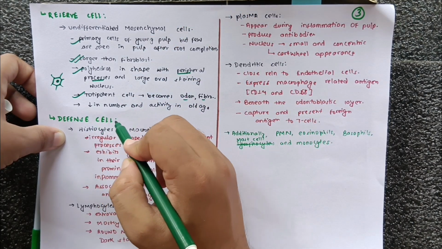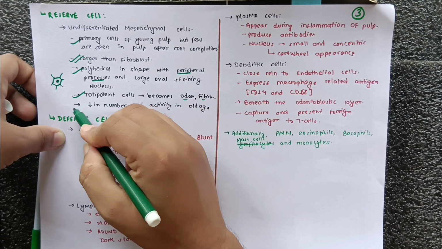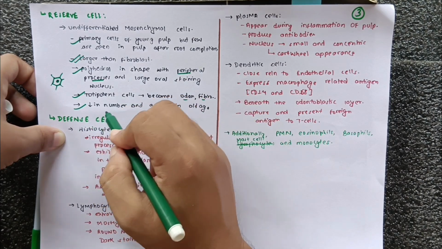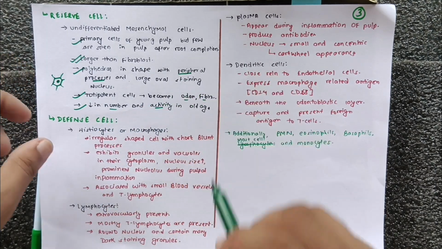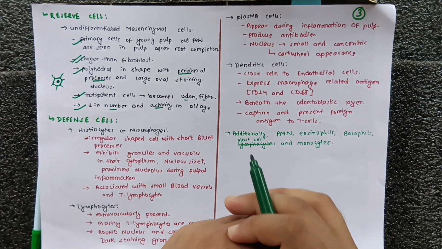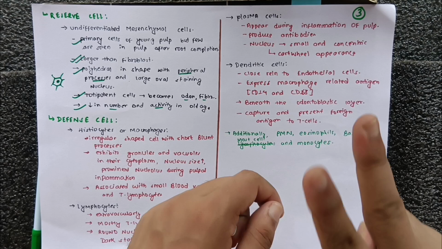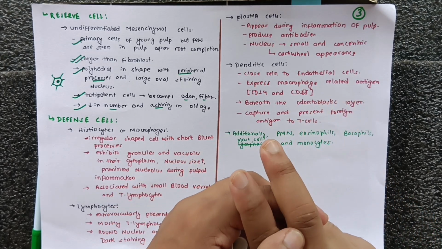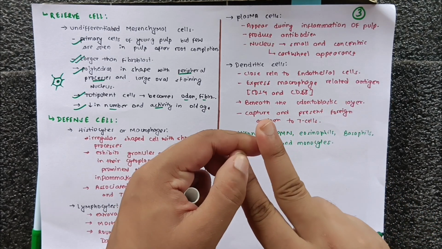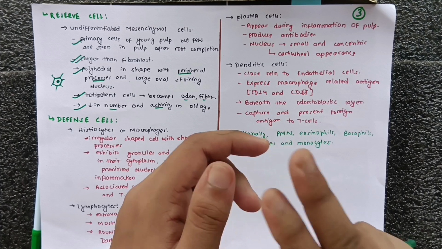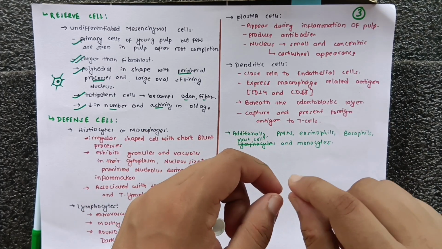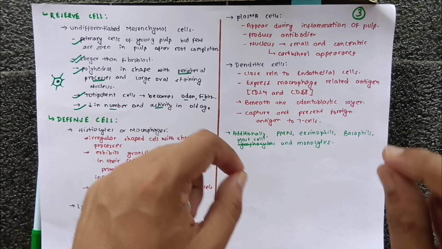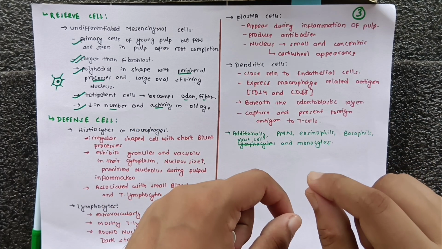In older age there is a decrease in the number and activity of these cells. So about undifferentiated mesenchymal cells, remember that they are larger than the fibroblast. Second, they are polyhedral in shape with peripheral processes and a large oval staining nucleus.